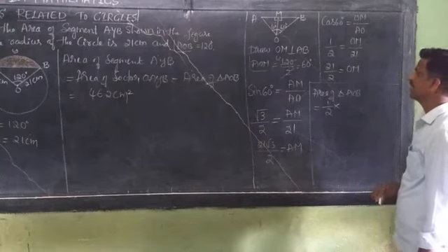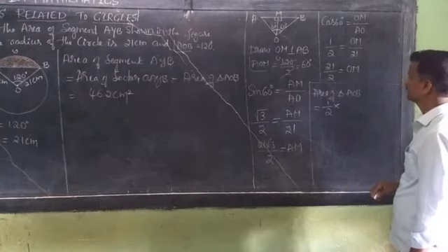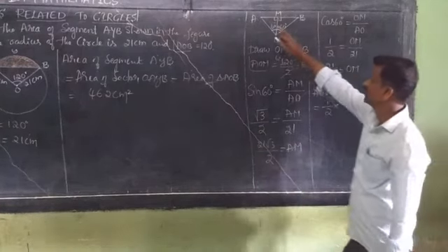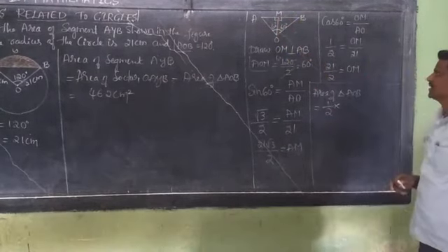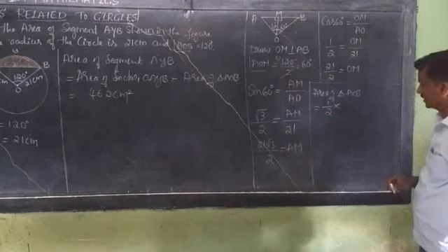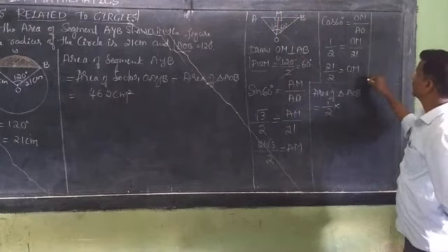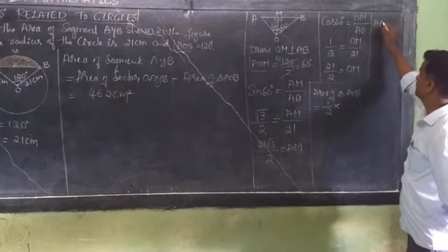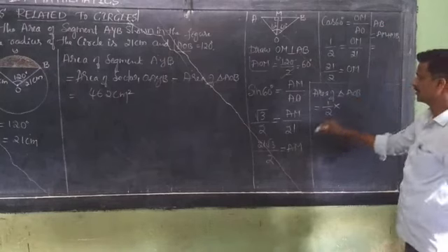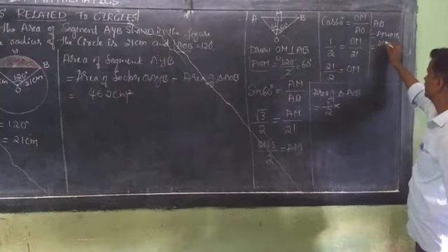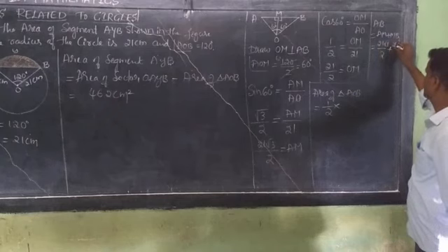Base is given by AB. AB is equal to AM plus MB. What is AM? AM is 21 root 3 by 2. MB is also 21 root 3 by 2.